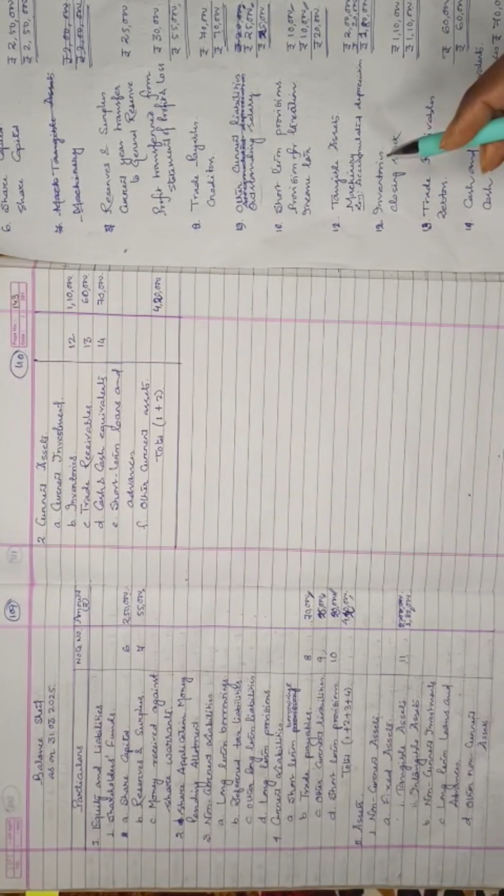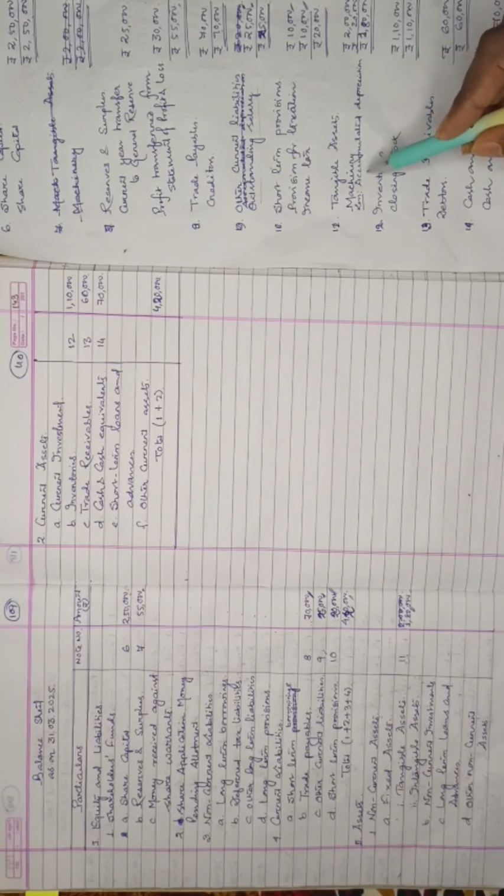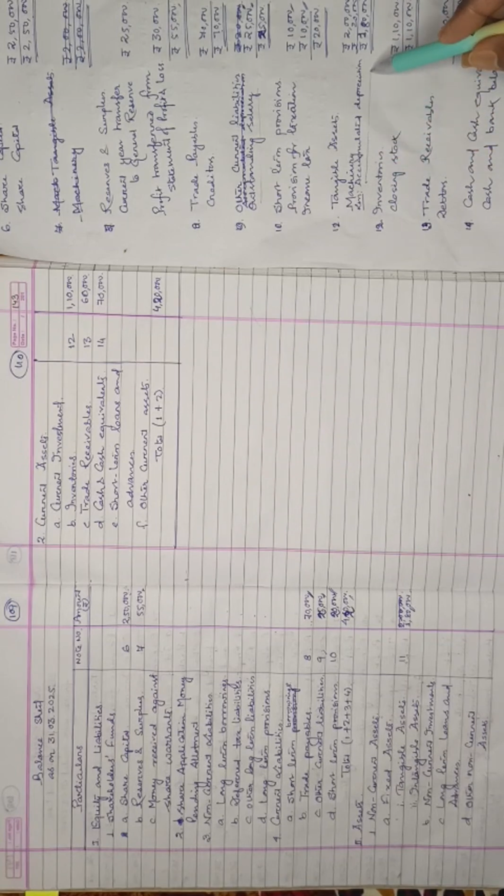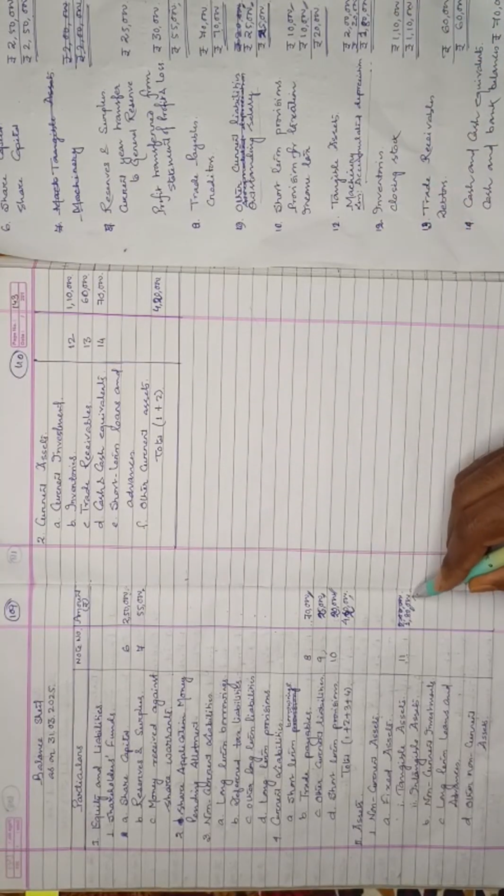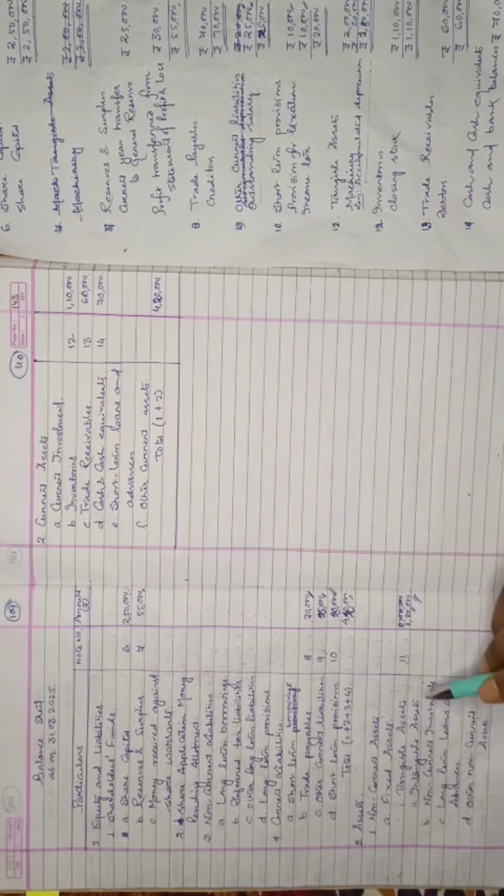See the trial balance once again. Only one asset is there, and from that asset we subtract the accumulated depreciation to find out the net book value, which is 1,80,000. So we are showing 1,80,000 as tangible assets. Intangible assets nil.